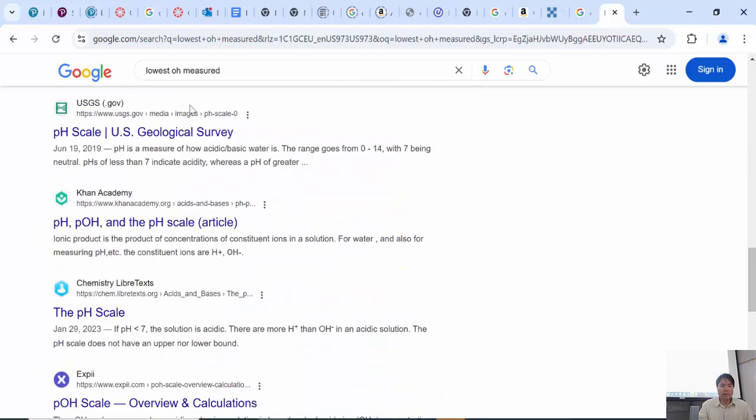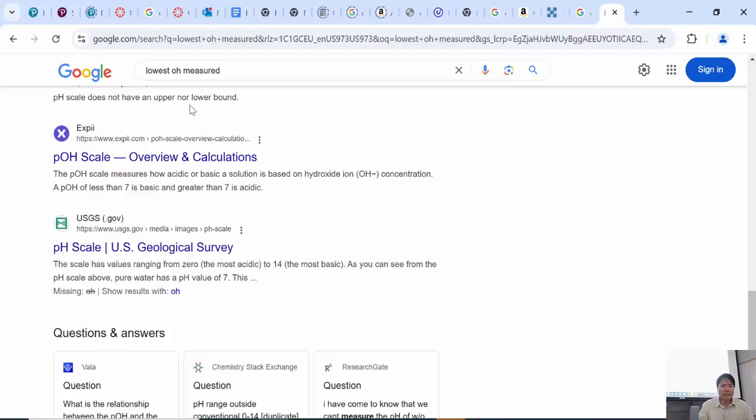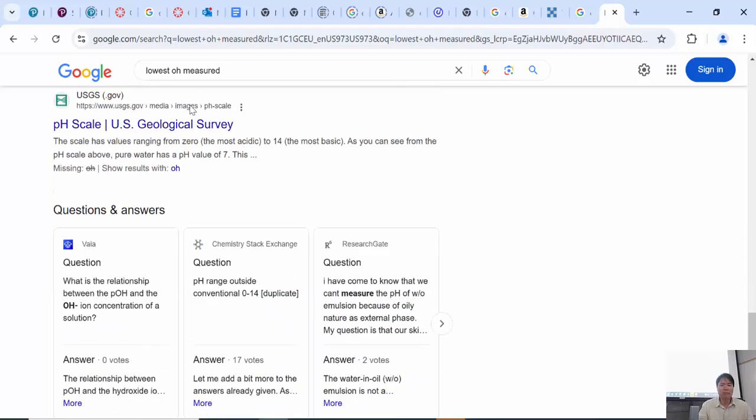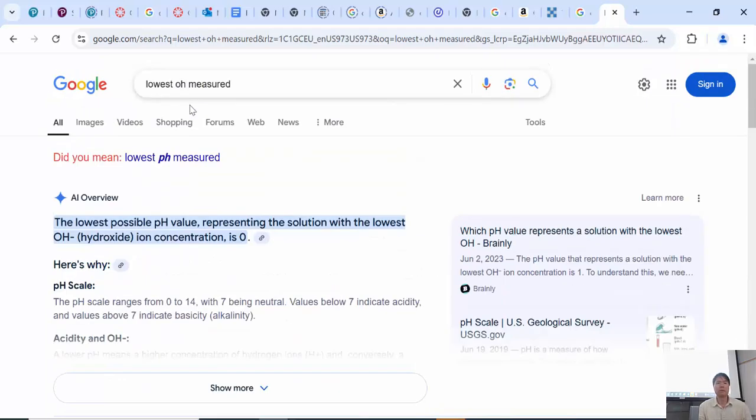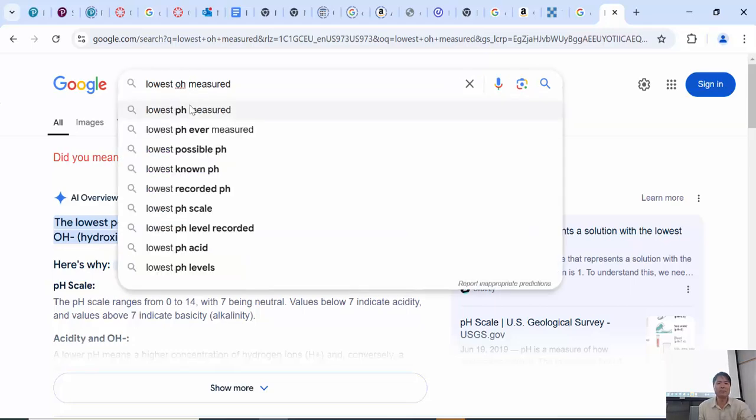Come on. It used to come right up. Lowest pH measured.